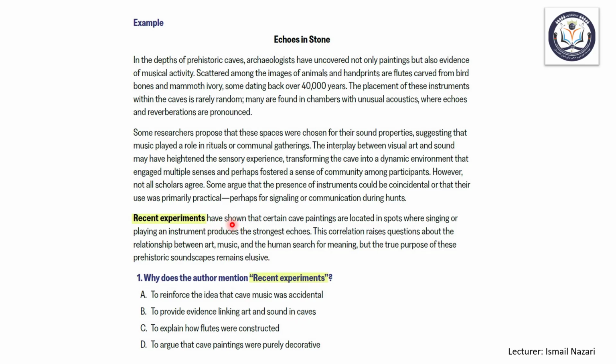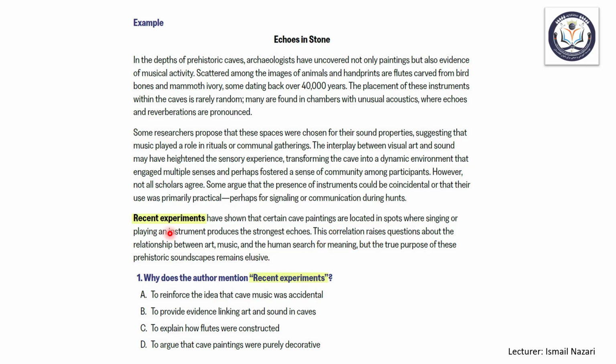Because if you read from the beginning to this sentence, it introduces the topic, which is cave painting, kind of art, and then singing or playing an instrument produces the strongest echoes. It is the sound in caves. And then the next sentence stresses the correlation. This correlation raises questions.